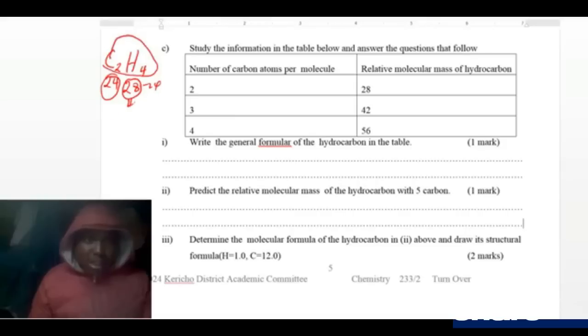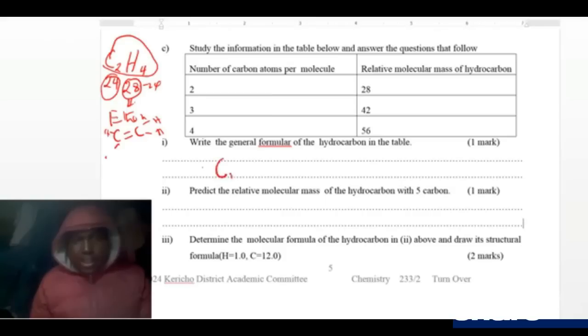You see, this one is ethene, which is C double bond C and then H. So the general formula for alkenes is CnH2n, and that is it. So we have known that these are alkenes.